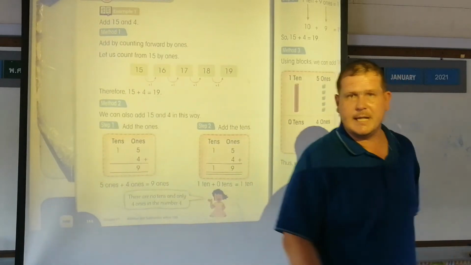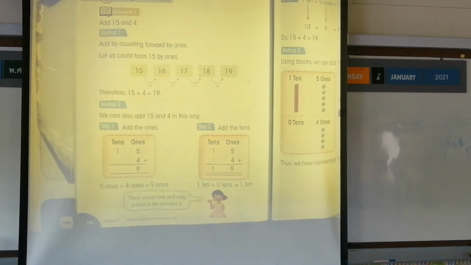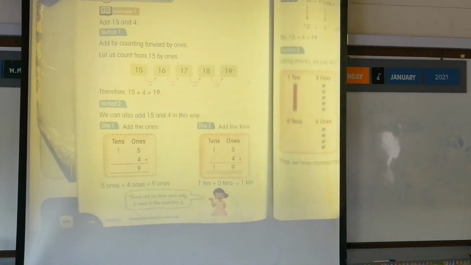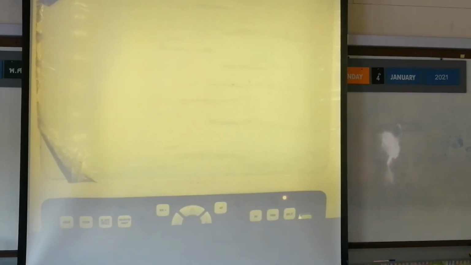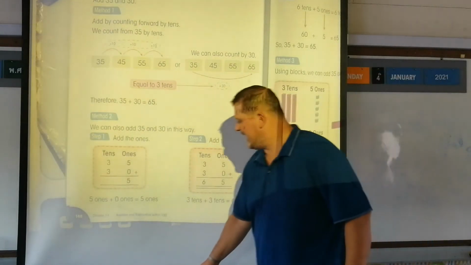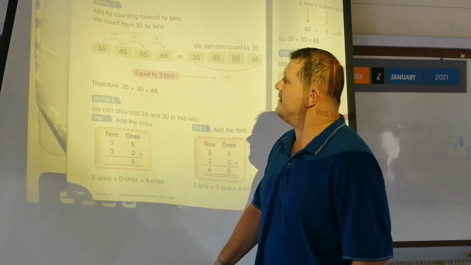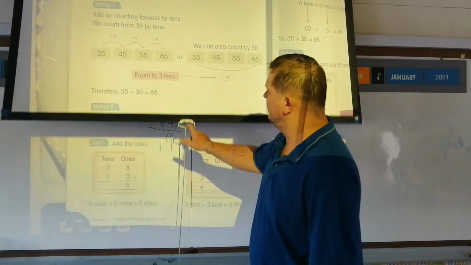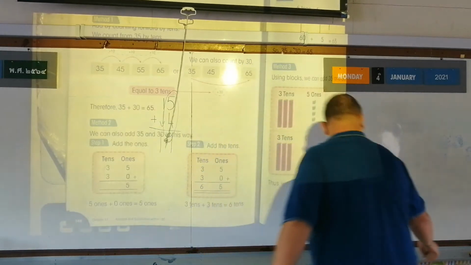Okay, let's go to the next page. Right, for example, this one. It says add 35 and 30. Okay.